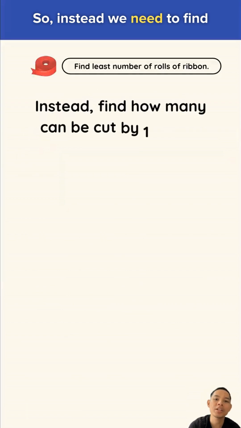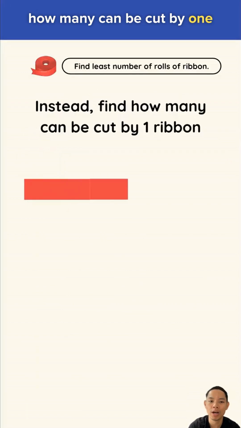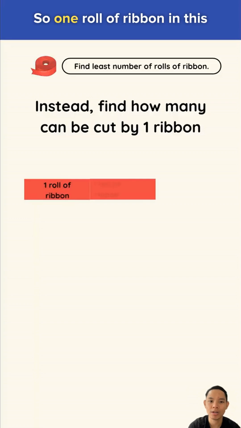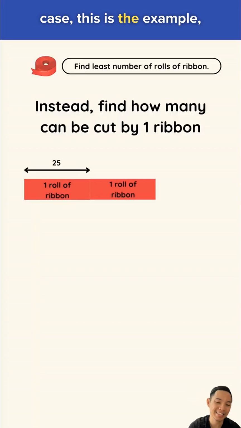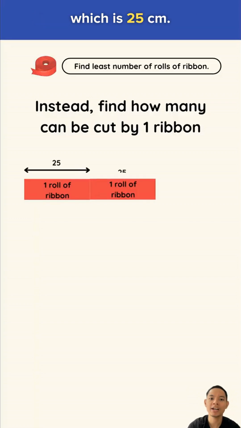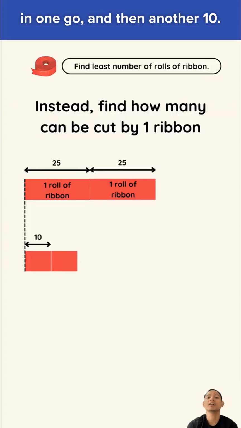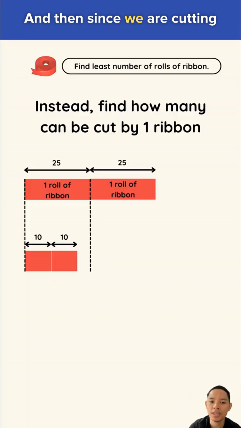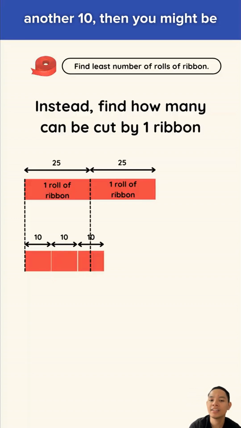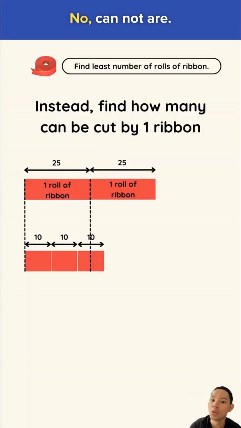So instead, we need to find how many can be cut from one roll that is sold. In this example, one roll of ribbon is 25 centimeters. We can cut 10 from one roll, and then another 10. Then for another 10, you might be thinking, can we? No, we cannot. This is not allowed.